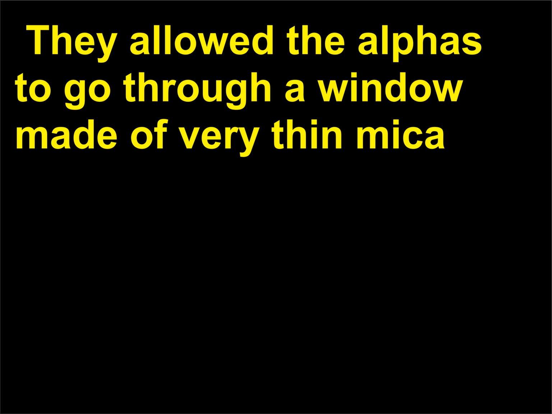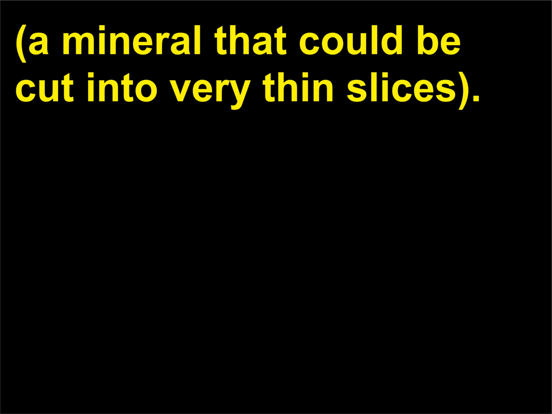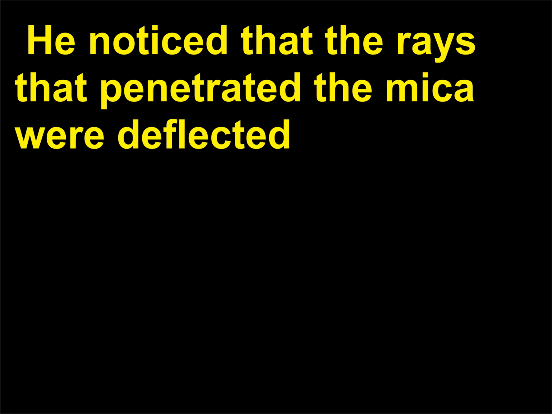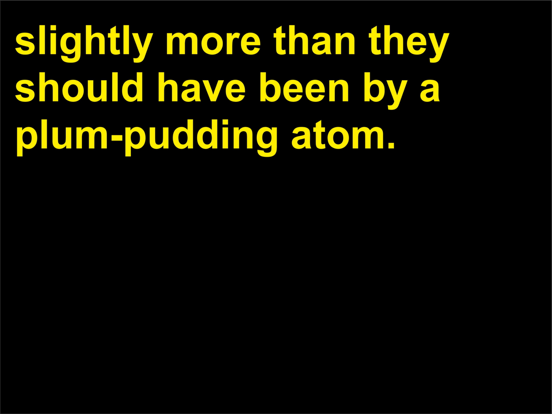They allowed the alphas to go through a window made of very thin mica, a mineral that could be cut into very thin slices. He noticed that the rays that penetrated the mica were deflected slightly more than they should have been by a plum pudding atom.